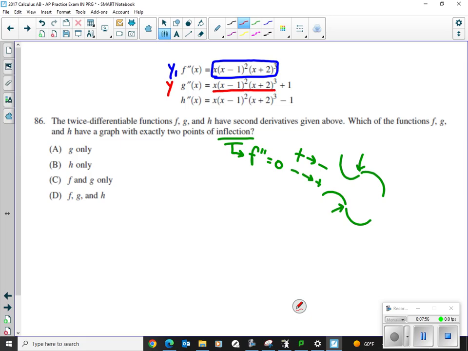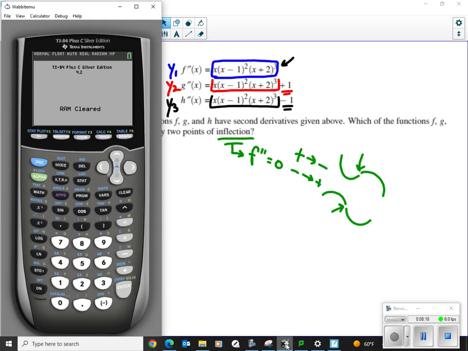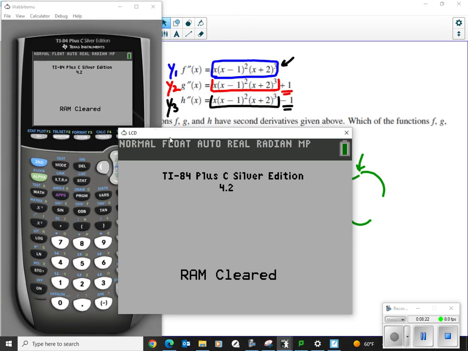So in y2, I'm going to put the variable y1, which is what's in this blue box, and then just put a +1 after it, so I don't have to type. And then for y3, I'm going to do the same thing. I'm going to put y1 and then put -1 after that. If you're still trying to figure out what I'm talking about, let me show you.